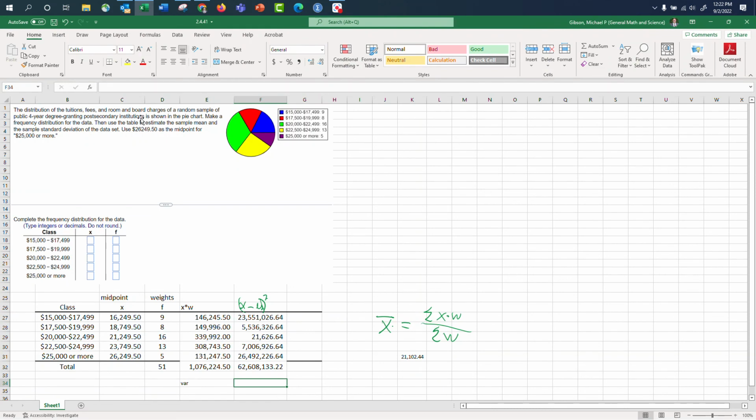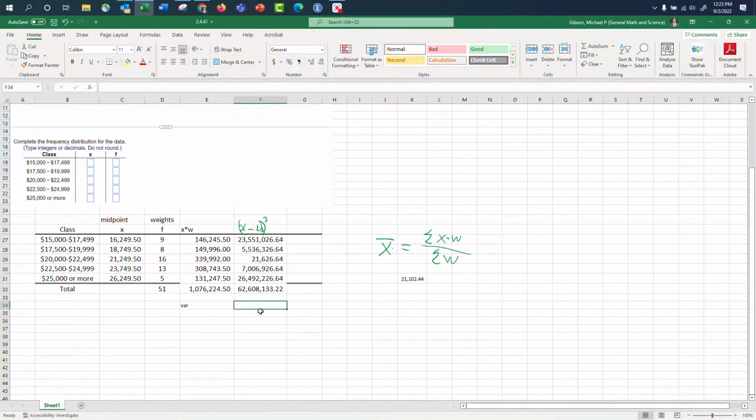This is a sample, right at the top: the distribution of tuition, fees, and room and board charges of a sample. So remember, when we do a sample, for both the standard deviation and the variance, we divide by n minus 1. So we'll take equals our sum there, divided by our total count, which was 51, so 51 minus 1 is 50. There's my variance.